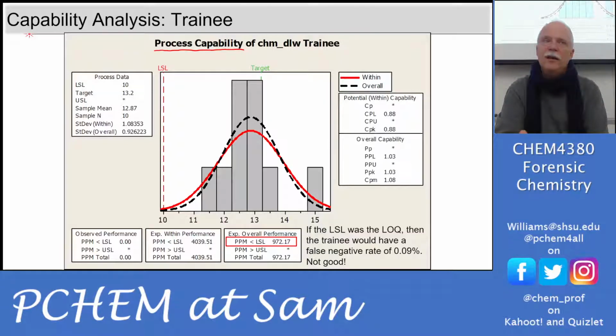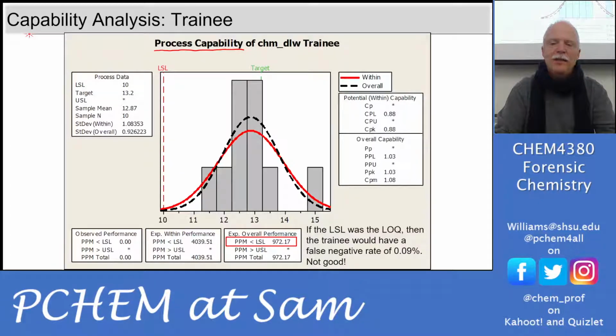Since we're talking about taking descriptive statistics and how we would use them in the future, we would want to maybe analyze how a process works. So let's apply it to our trainee and our forensic chemist as far as our cocaine samples. Now we have to sort of set up an artificial specification limit.